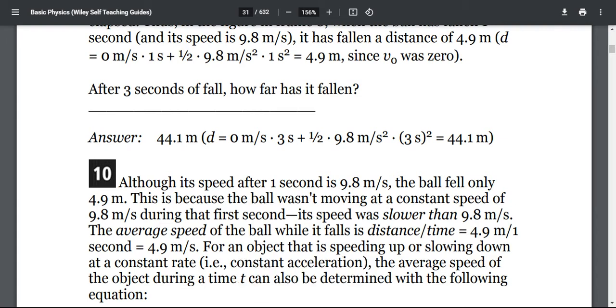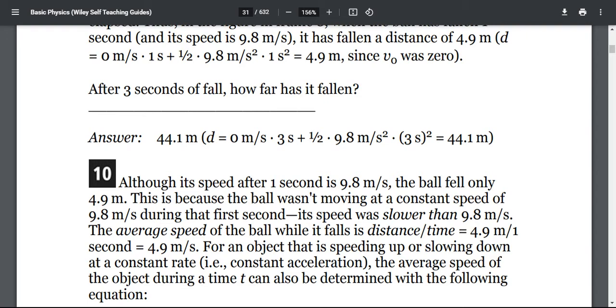We find the distance is 4.9 m, but only for 1 second. And remember, the ball is not falling with a constant speed; its speed is changing after every second. During that first second, its speed was slower than 9.8 m/s.